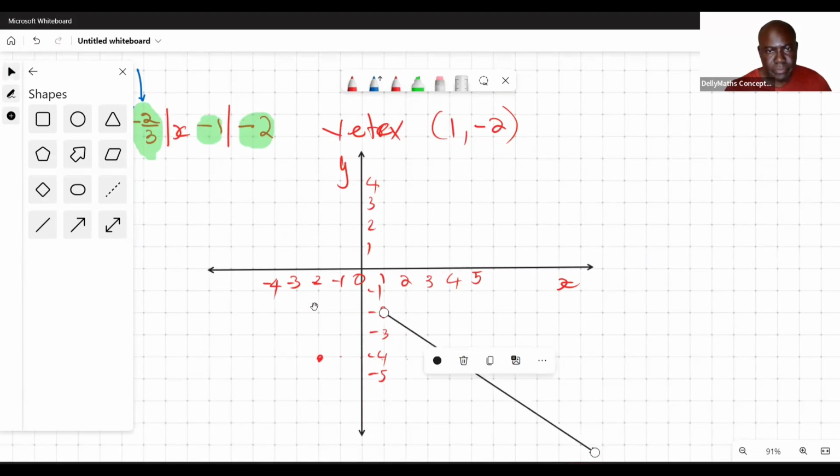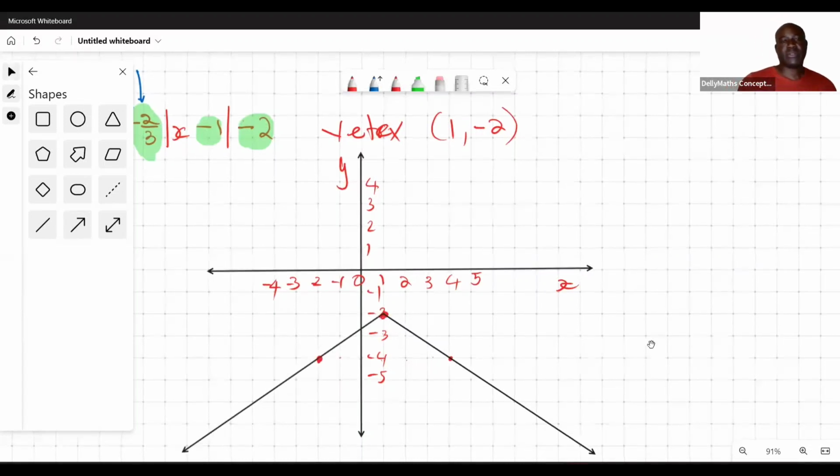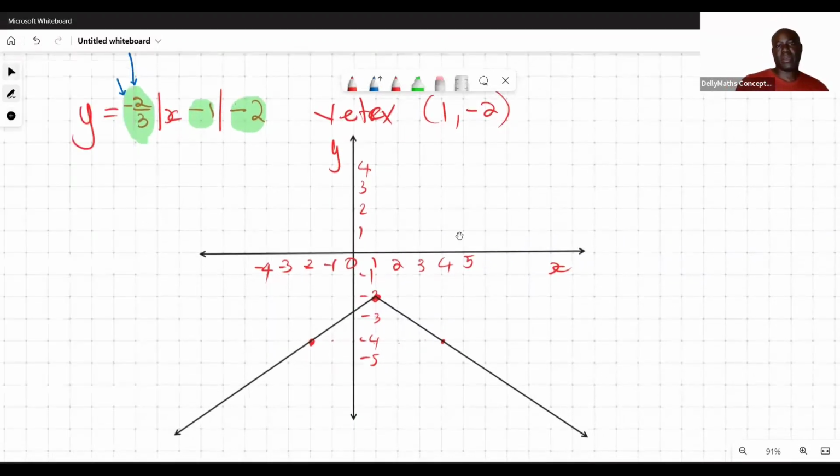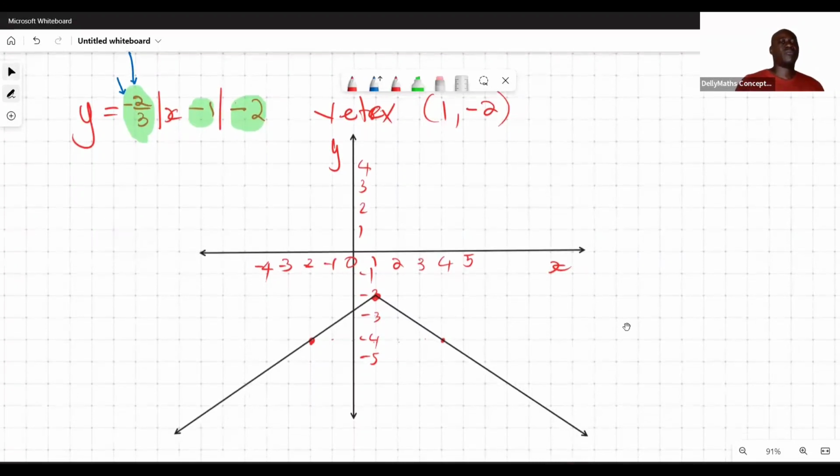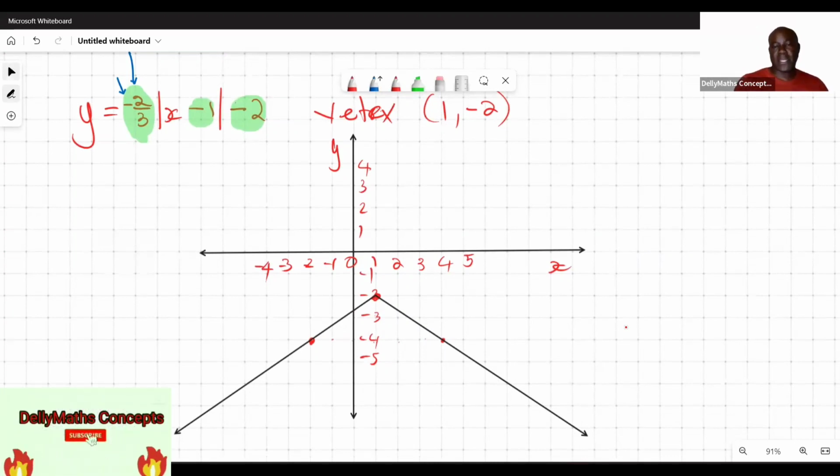There it is. That's my absolute value graph right there. So the bottom line is we want to get the vertex. And from there, the A value could help us to navigate.